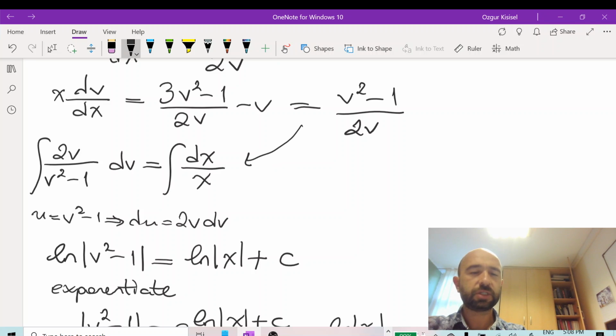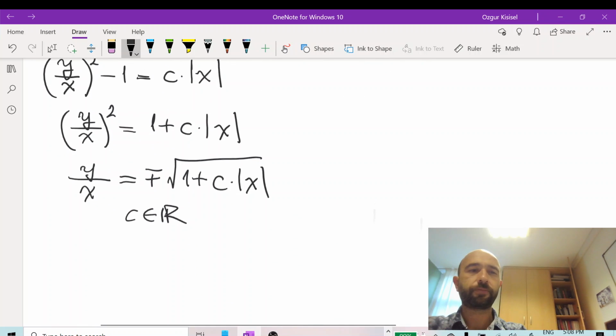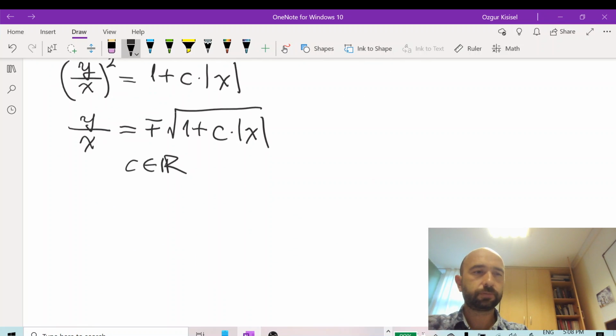So this step is assuming that v is not equal to plus or minus 1. So you should check v equals plus or minus 1 separately. Should be checked.